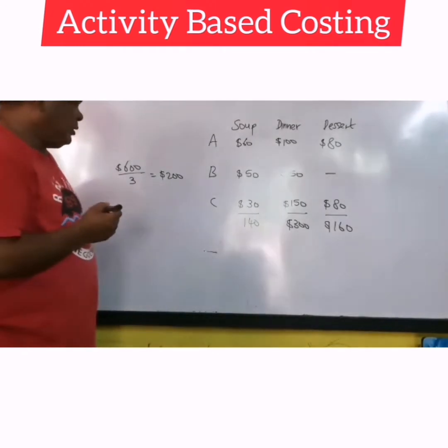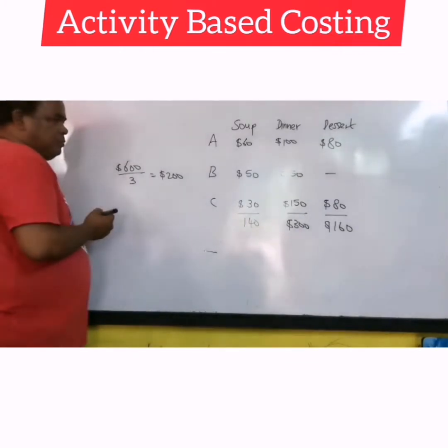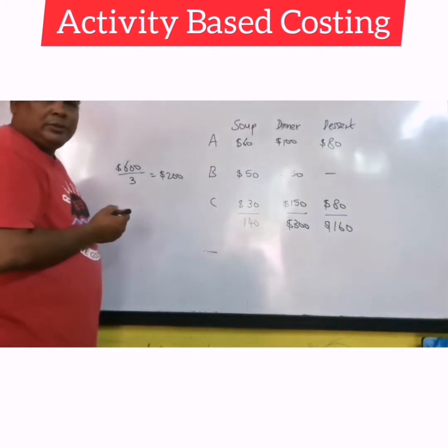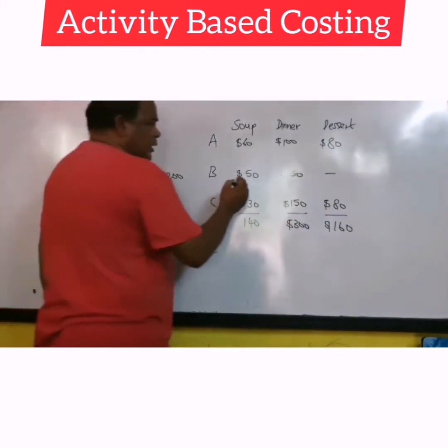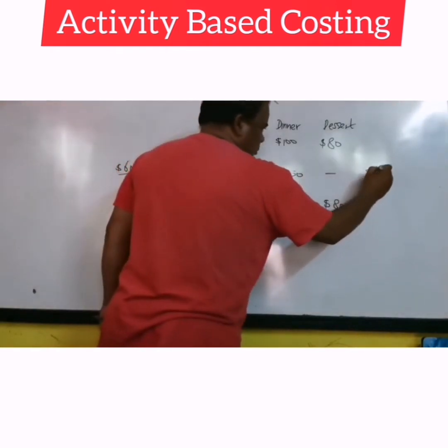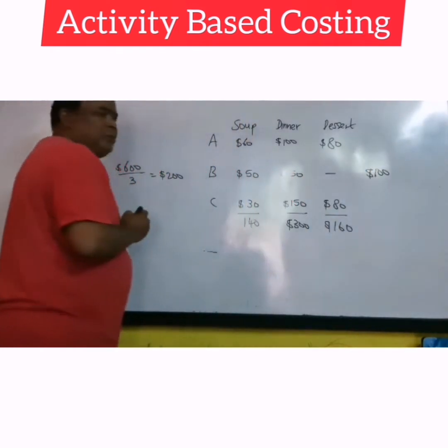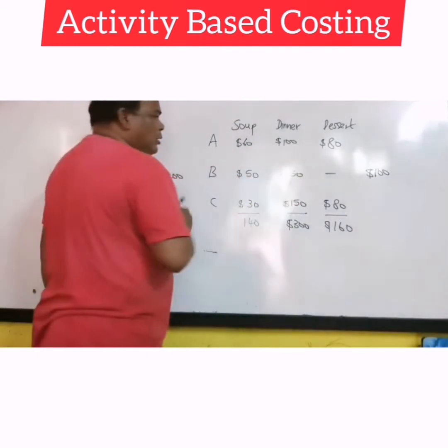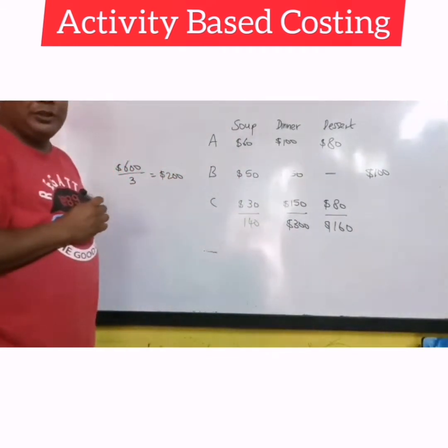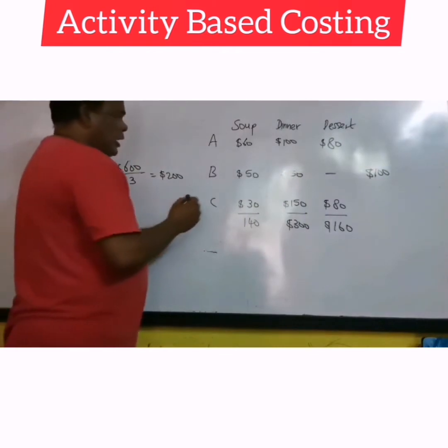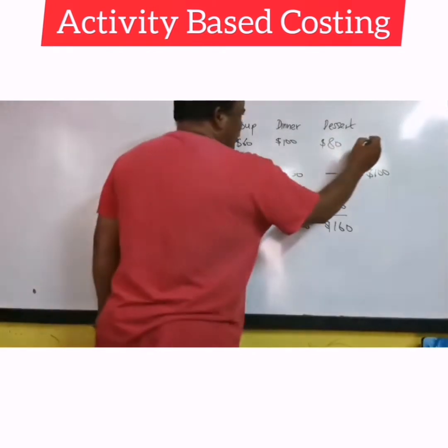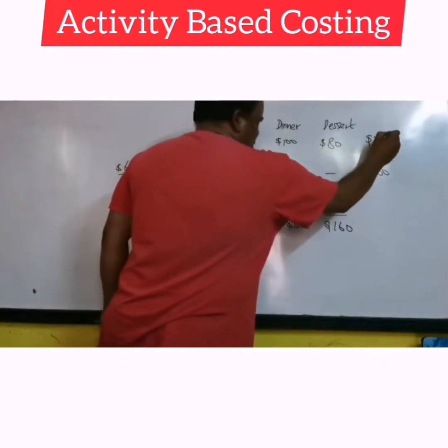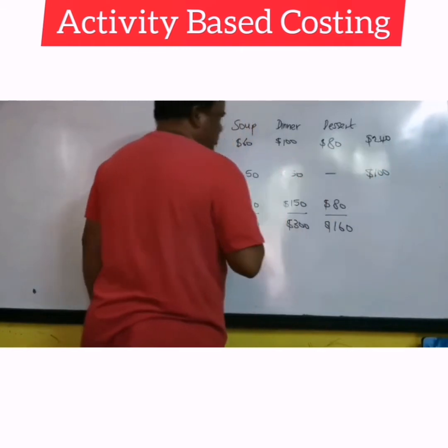But internally, B is thinking he has to pay only $100 because he has taken soup and dinner costing $50 each. And A has to pay $240.